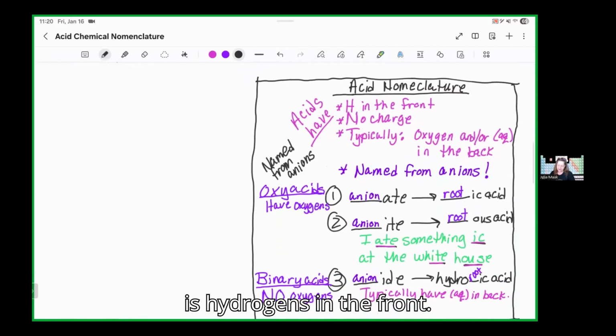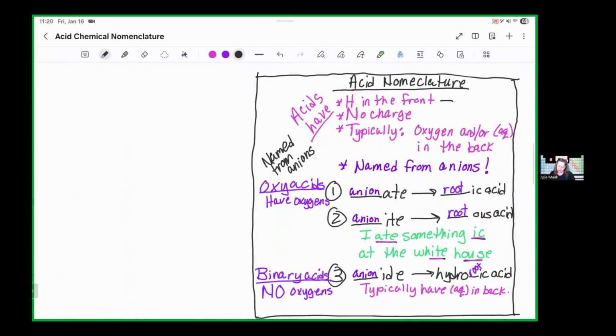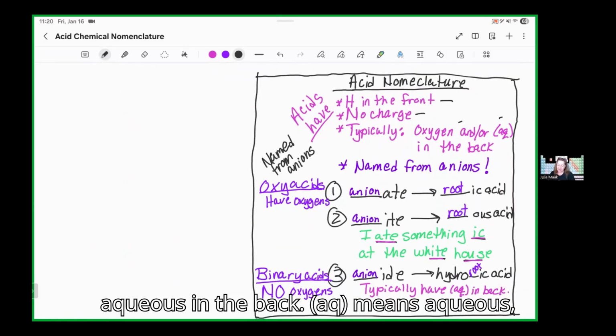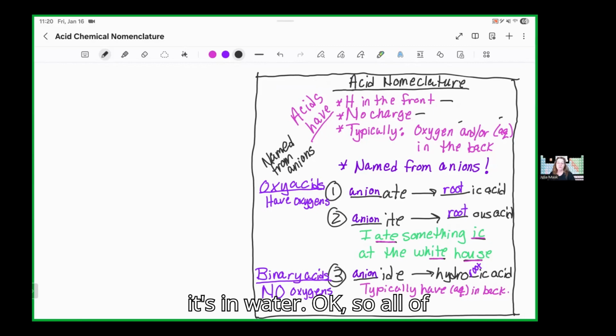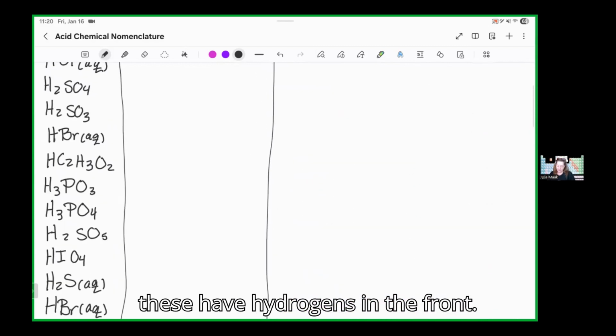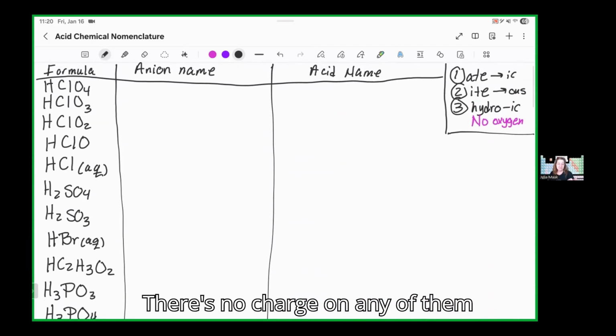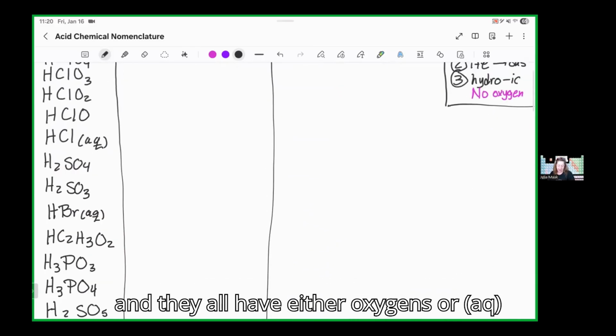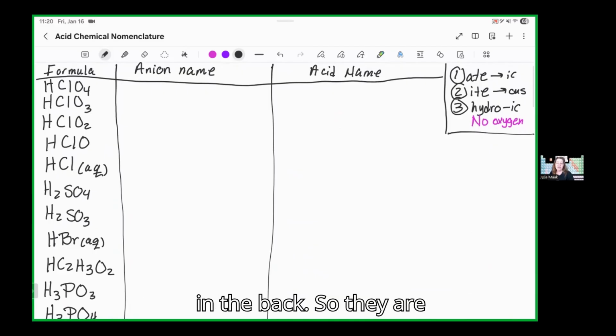Our rule is hydrogens in the front, no charge, and typically oxygens or AQ in the back. AQ means aqueous, it's in water. There's no charge on any of them, and they all have either oxygens or AQ in the back. So they are all acids.